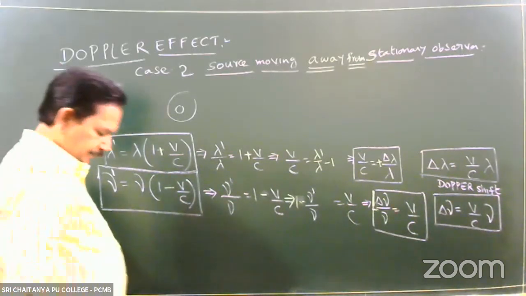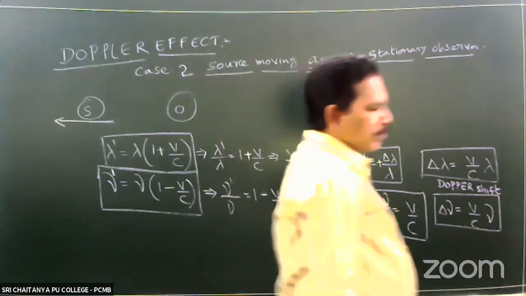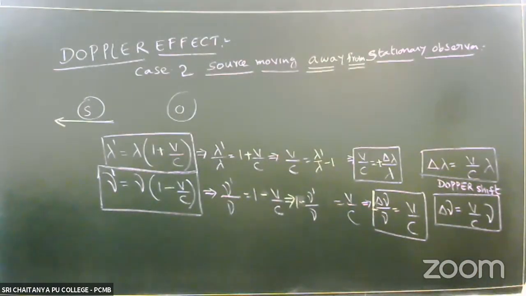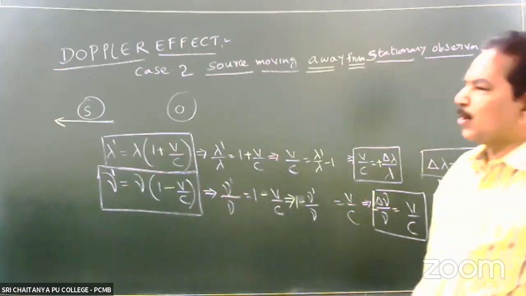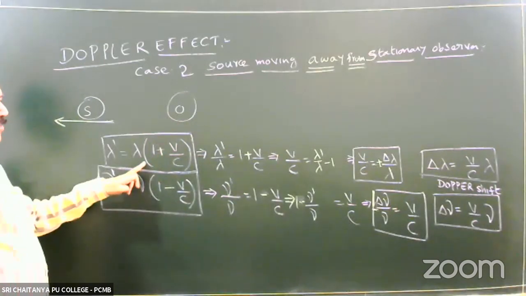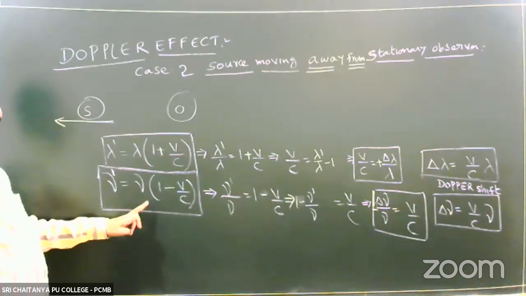Case 2, the source is moving away from the stationary observer. Doppler effect for competitive examinations, maybe NEET, maybe JEE, maybe AIIMS exam, whatever may be the name of the exam. If the source moves away from the stationary observer, wavelength increases, frequency decreases.